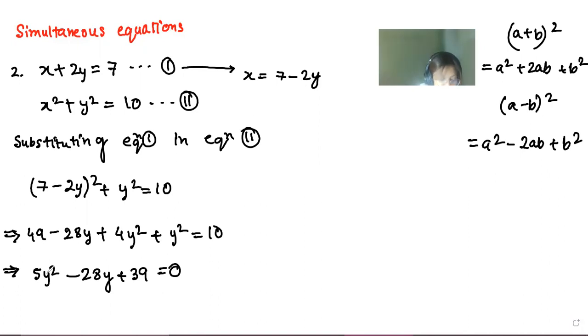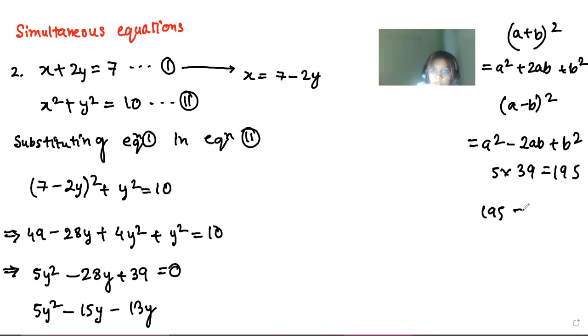Basically the middle term split for this will be 5y square minus 15y minus 13y, because 5 into 39 is 195, and 195 can be written as 13 into 15. All right, so plus 39 is equal to 0.